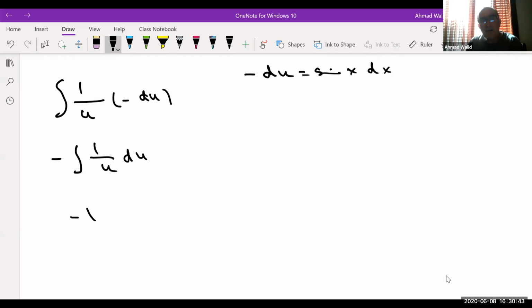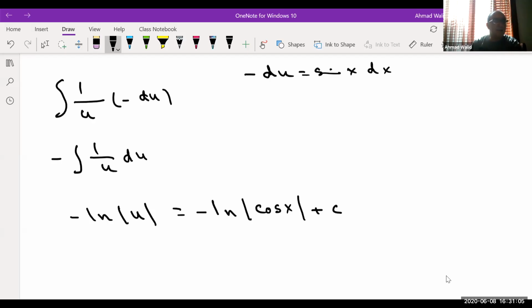Then negative ln absolute value of u. What is your u? Your u was cosine x. Then you can write negative ln of the absolute value of cosine x. Correct? Plus c, because it's an indefinite integral.